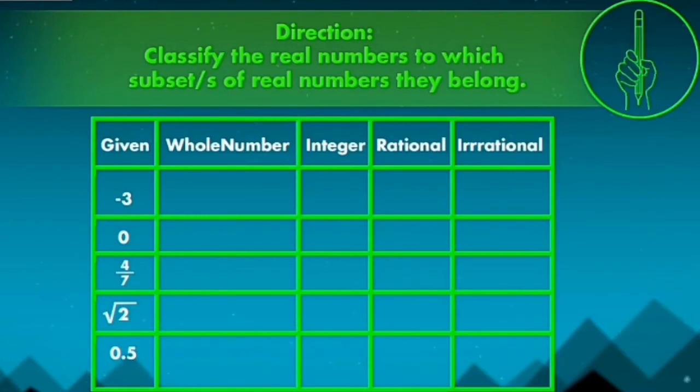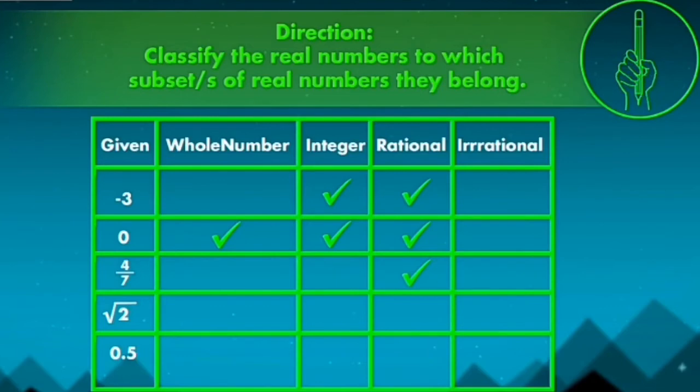We have negative 3. It is an integer and a rational number, since it can be expressed as negative 3 over 1. 0. It is a whole number, an integer, and a rational number. 4 over 7 is a rational number. How about square root of 2?